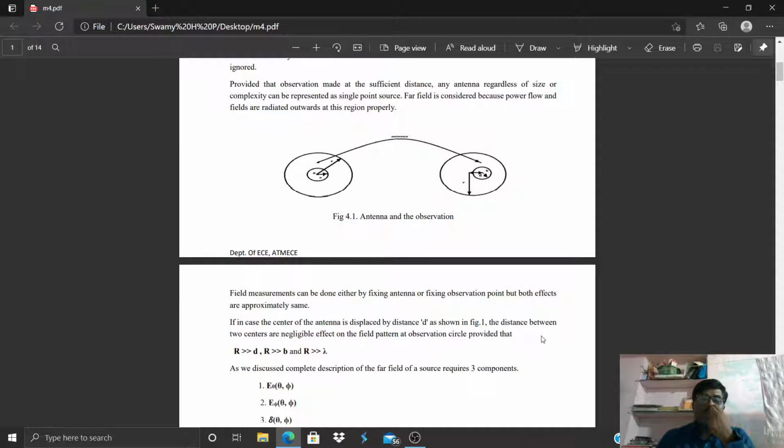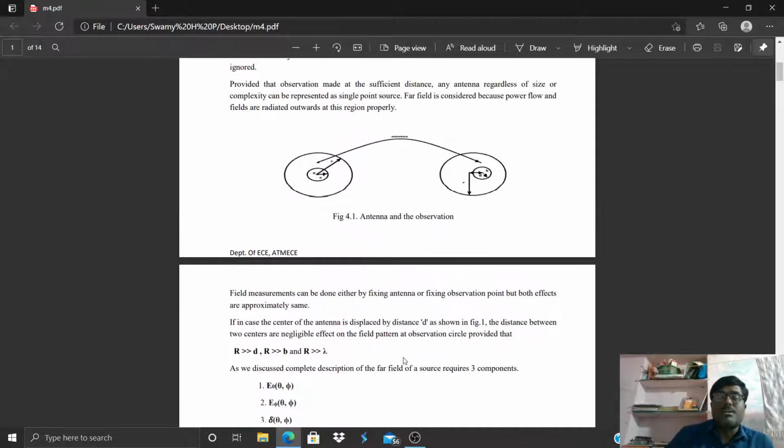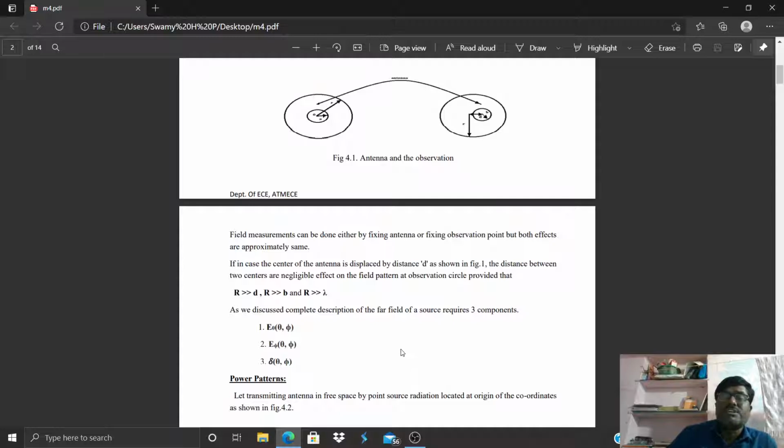As we discussed, the complete description of the far field of a point source requires three components.